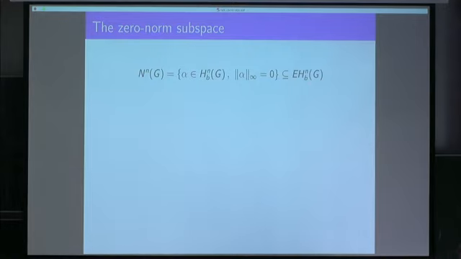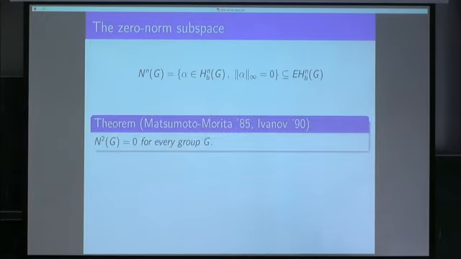So any class with vanishing norm must be exact. There is this theorem that in degree 2, non-trivial classes have positive L infinity norm. So bounded cohomology is Banach in degree 2.